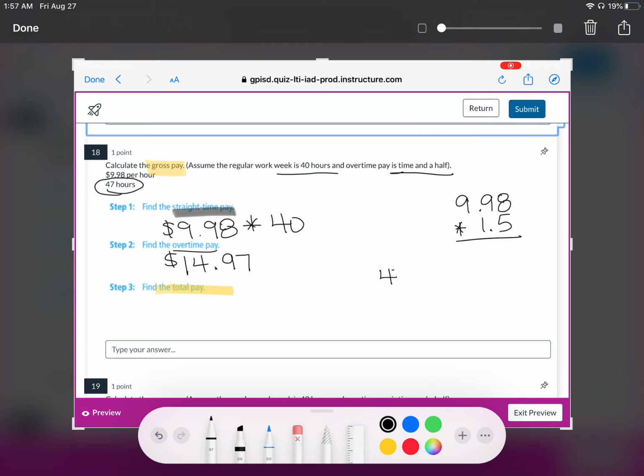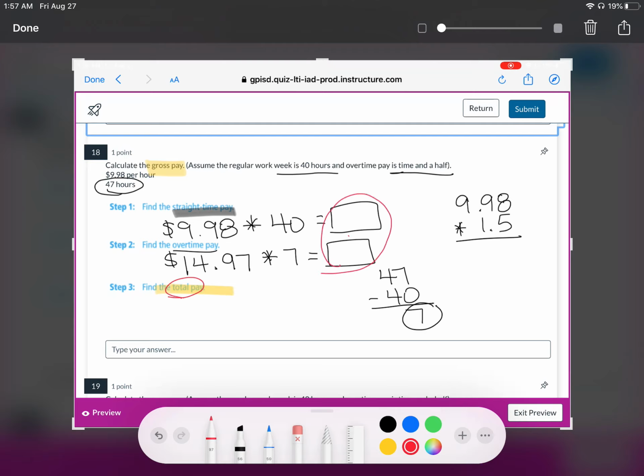If you work 47 hours and 40 of them are regular, how many of that is overtime? 7. So I'm going to take their overtime pay and multiply it times 7. To find the total pay, you're going to add the straight time pay plus the overtime pay.